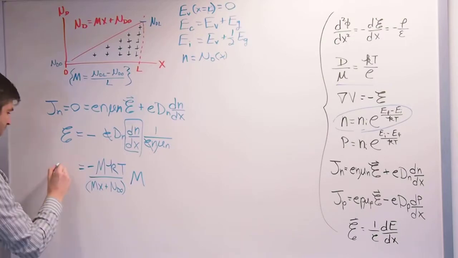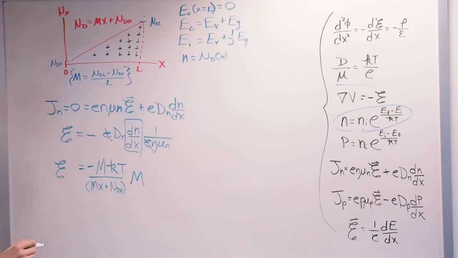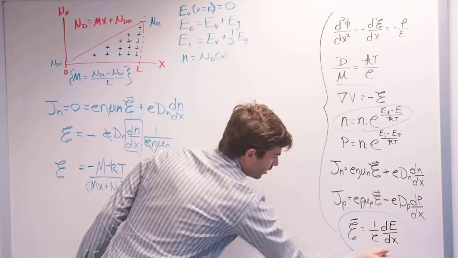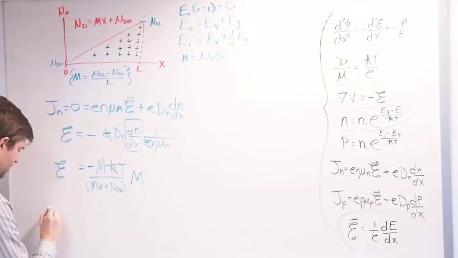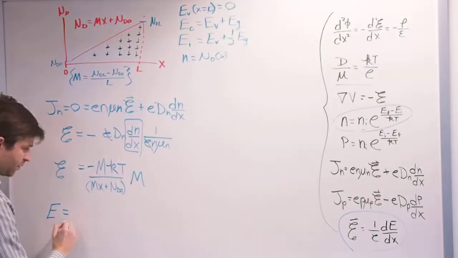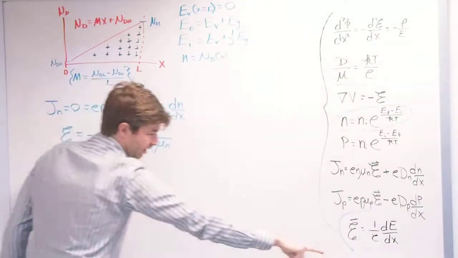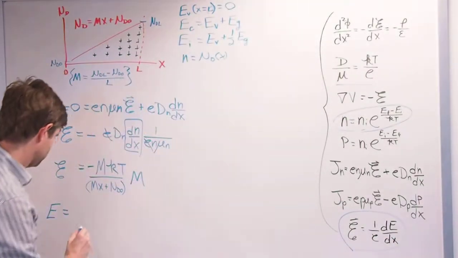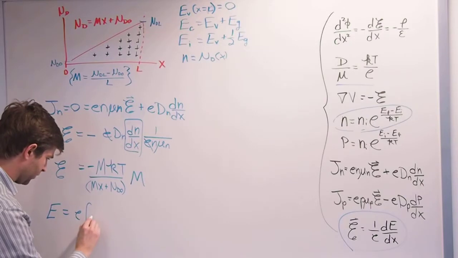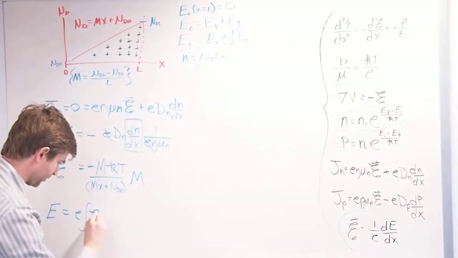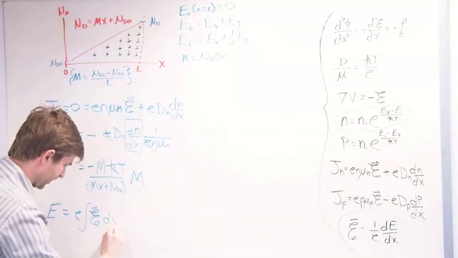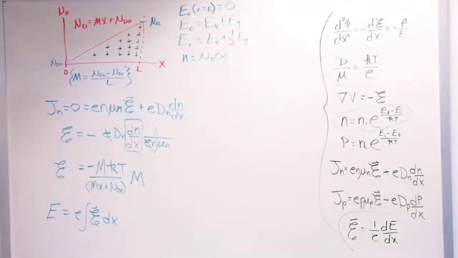Okay, so now we have an equation for E, and then using this right here, which tells us that energy is equal to, when we solve, we move this dx and E over here, the integral of electric field dx.